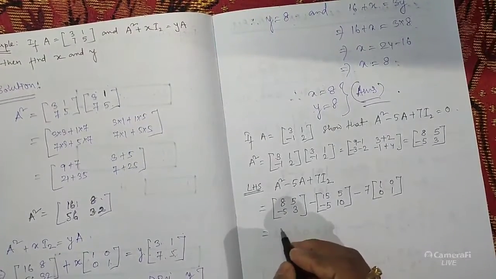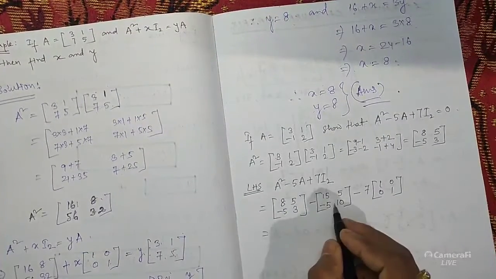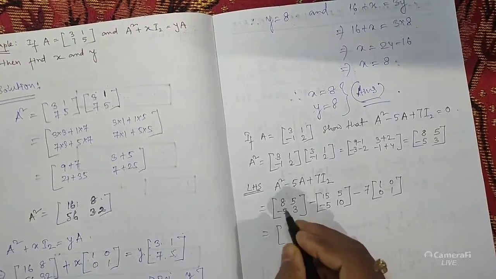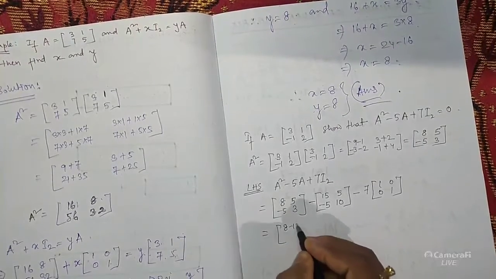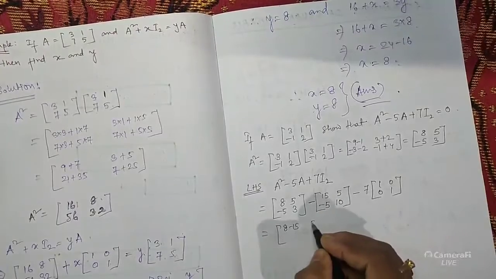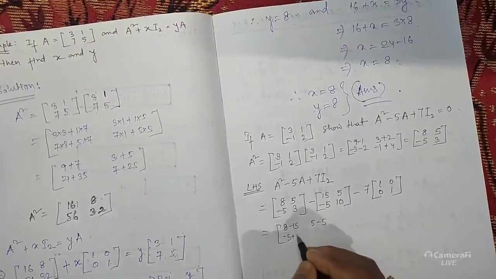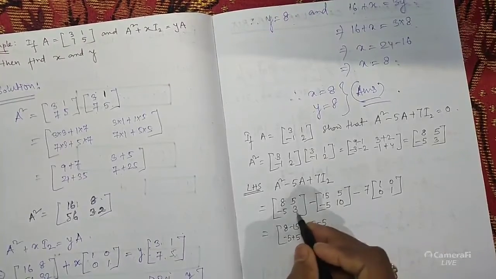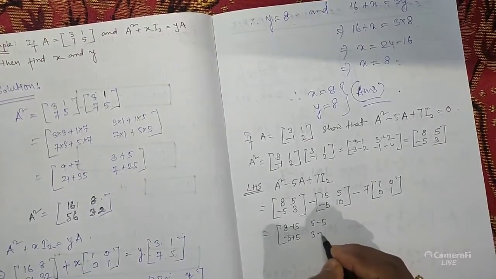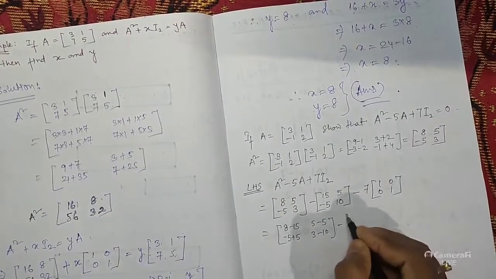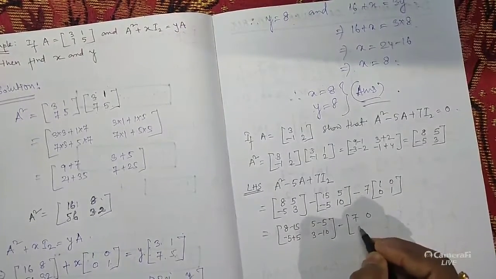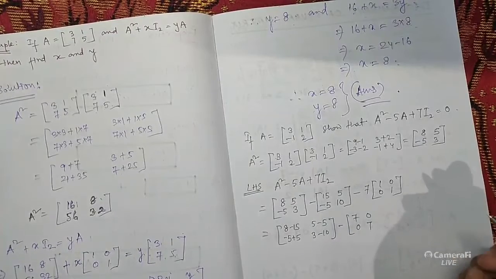Next step, here you can do matrix subtraction. So 8 minus 15, 5 minus 5, minus 5 plus 5, and 3 minus 10, plus 7 0 0 7. 7I2 means identity matrix of order 2 times 7, that is [1 0; 0 1].